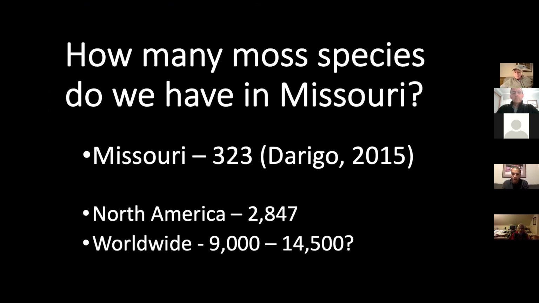In greater North America, north of Mexico, there's a little over 2,800. And worldwide, depending on what source you use, it's between 9,000 and over 14,000 species. It's kind of up in the air because there's not a lot of people looking at these things, so we really don't know how much diversity is actually out there.